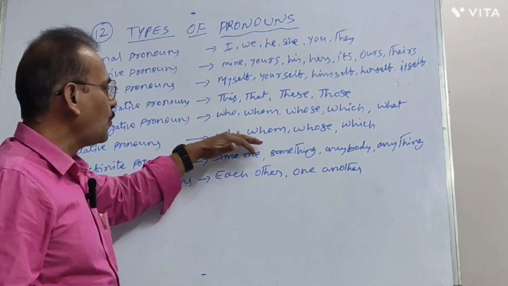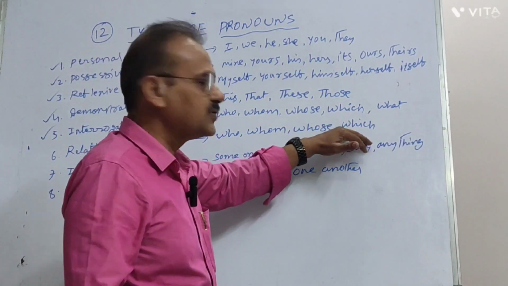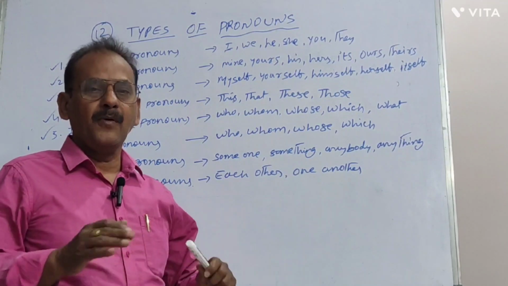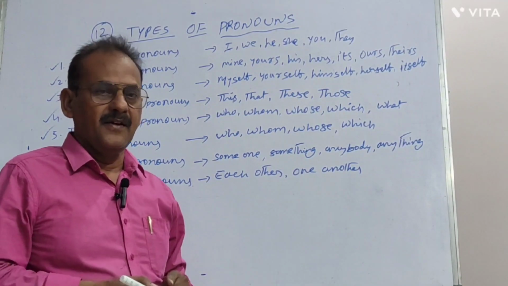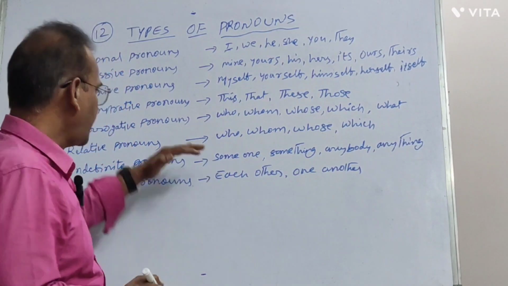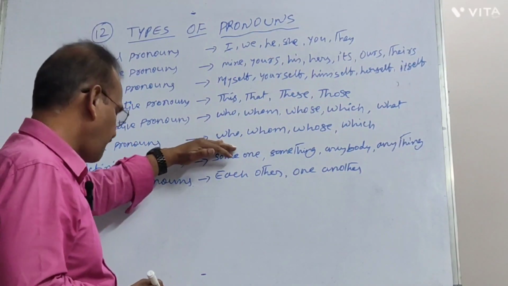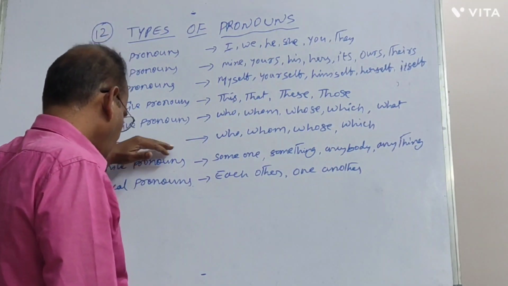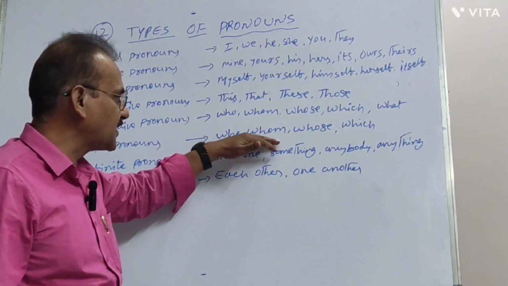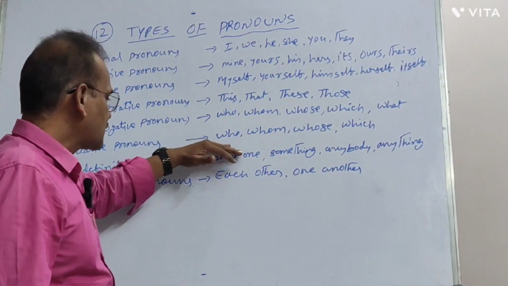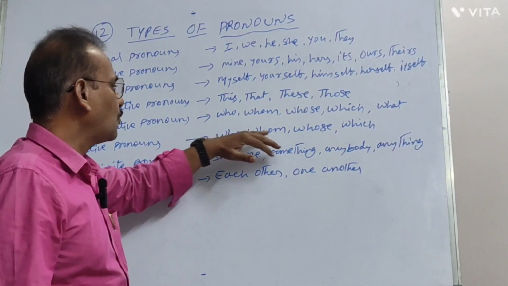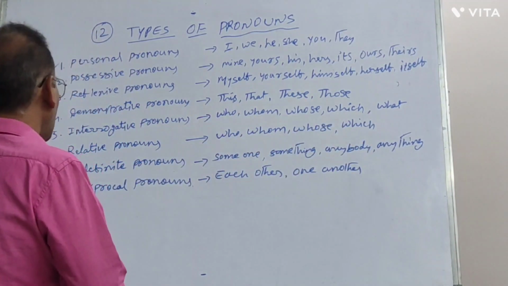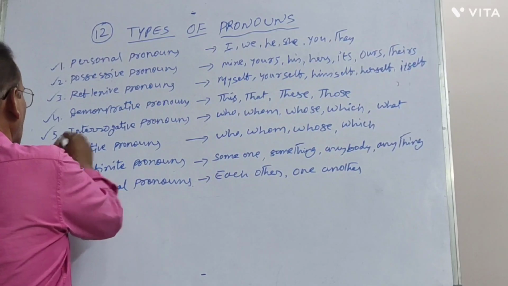That means who, whom, whose, which, etc. When we show the relation between two parts of a sentence, we use these words: who, whom, whose, and which, etc. So they may come under these relative pronouns.